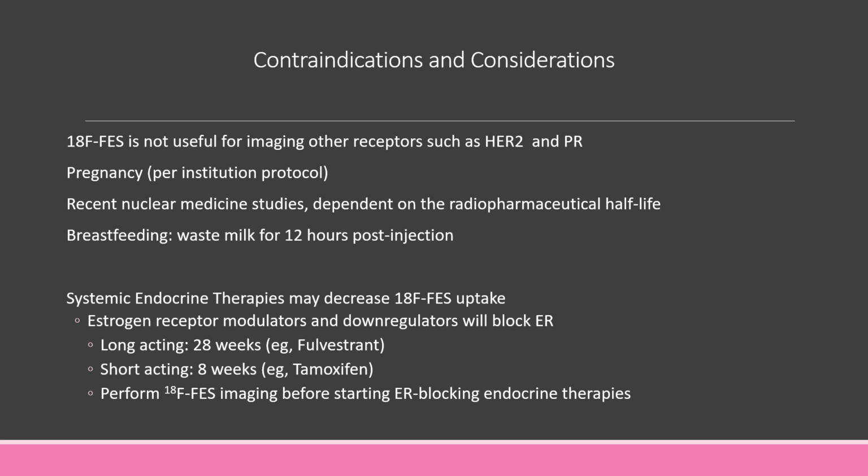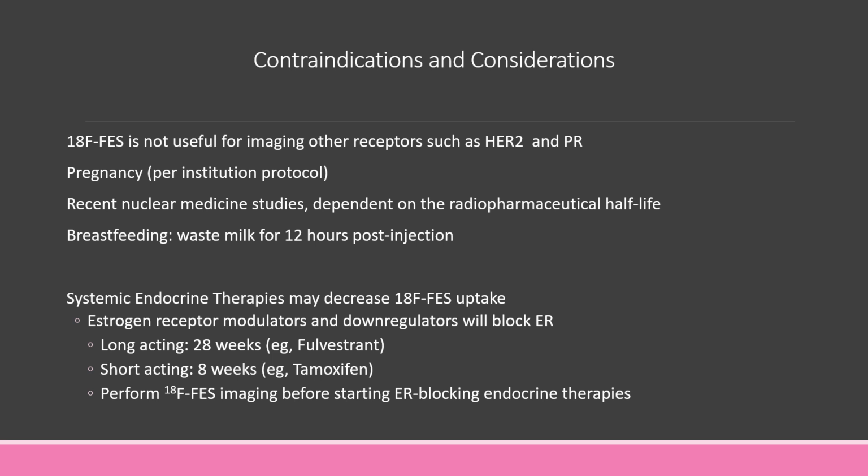It is important to assess the health risks for the baby and the mom when determining whether or not the test is really needed, and that should adhere to institution protocol. Recent nuclear medicine studies are not an absolute contraindication either. This is dependent on the radiopharmaceutical and the half-life, how much activity may be left in the patient, and whether or not it was a PET study.